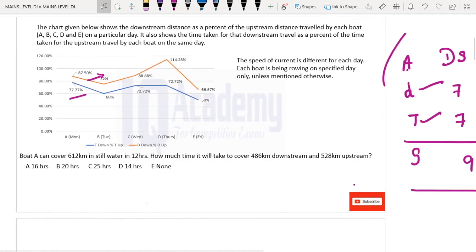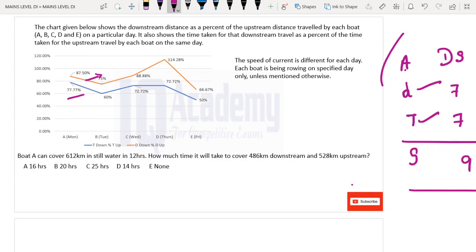We'll see the first question. Boat A can cover 612 km in still water in 12 hours. What's the meaning of this? So boat A covers 612 kilometers in still water. It means the water is not moving.